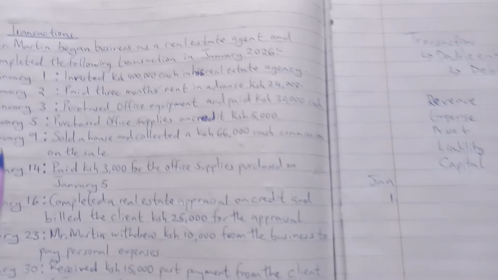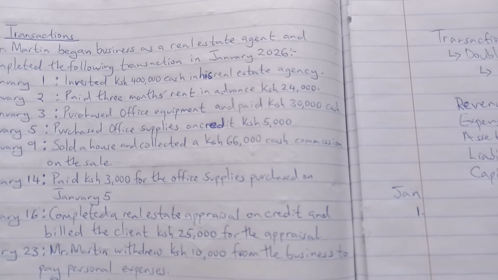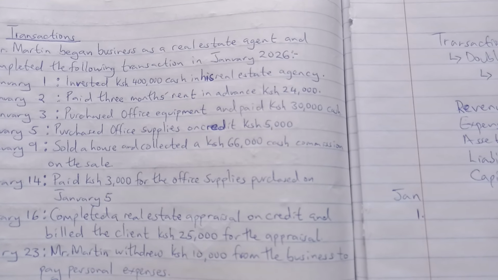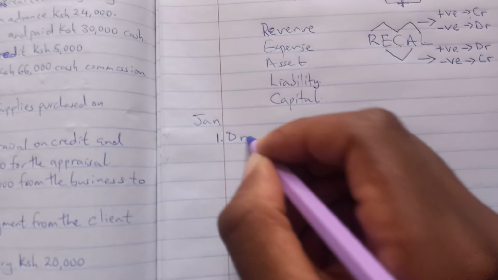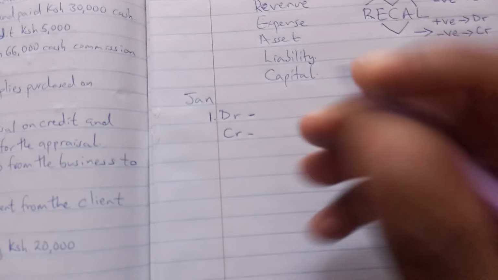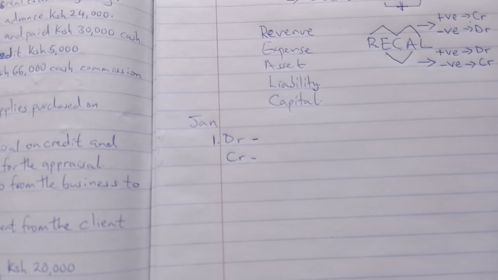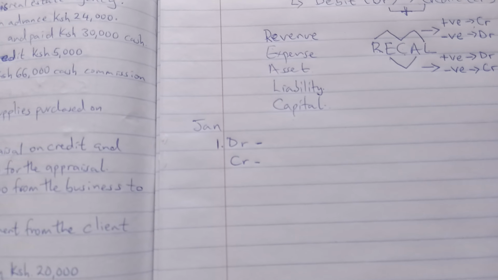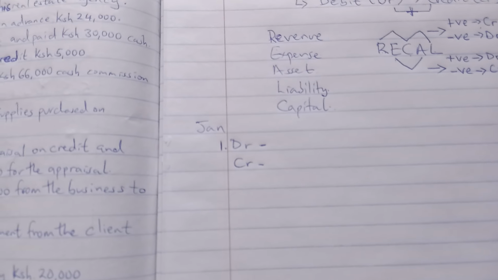Let us ask ourselves: the moment a business is starting, that 400,000 is in cash form. So there is one account, cash. We will have a debit and a credit. This is cash being put into the business, so we are looking at the transaction on the basis of the business.